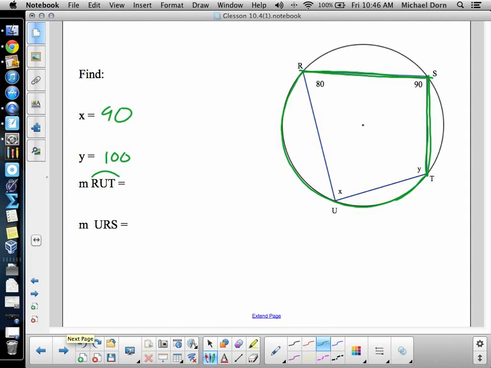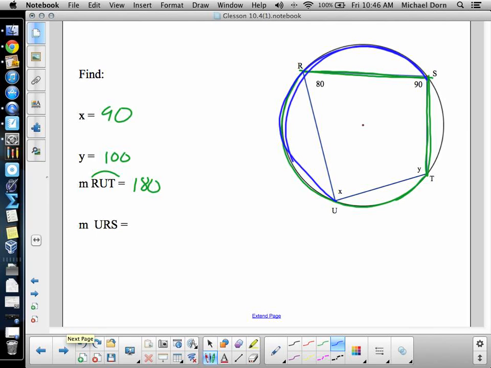So the measure of the angle is 90. What's the measure of the arc going to be? Did you really just think that arc is only 45 degrees? How about URS?